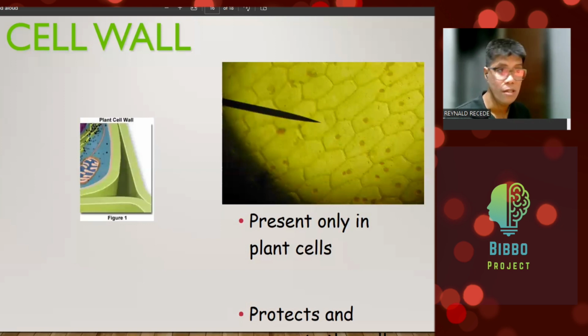Si plant cell wall, it's composed of cellulose, whereas si cell wall ni fungi, it's made up of chitin. Whereas ang cell wall ni bacteria is made up of peptidoglycan. So ito yung unang kwento ko sa inyo dati na may sugar din sa cell wall ng bacteria.